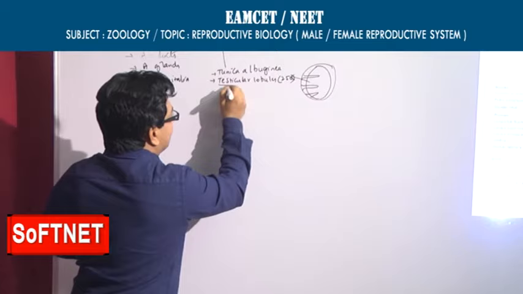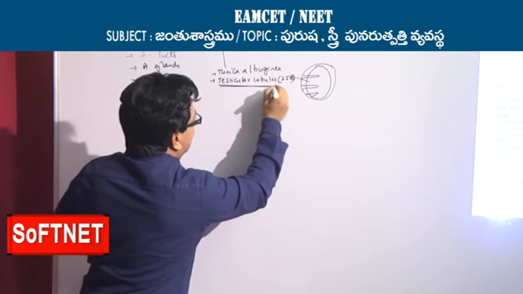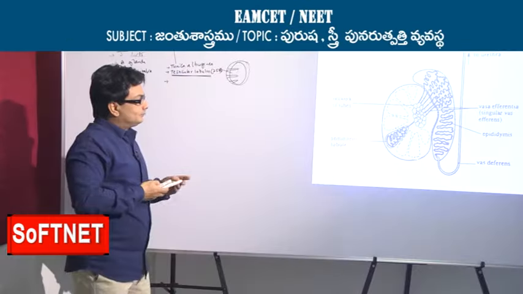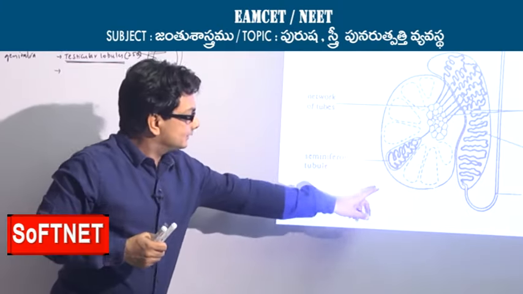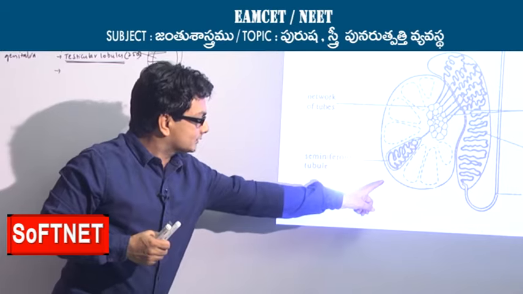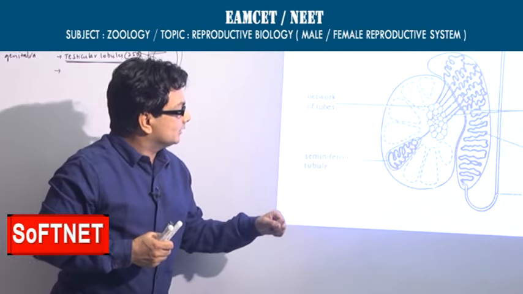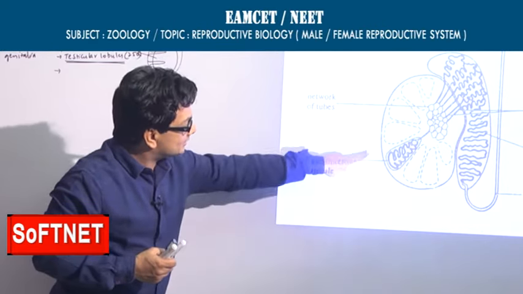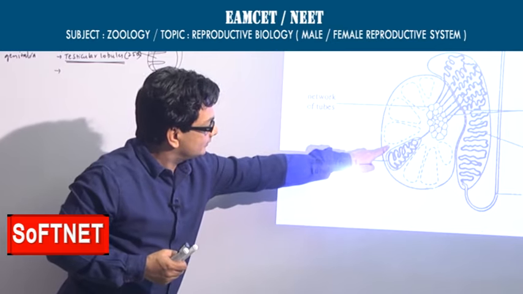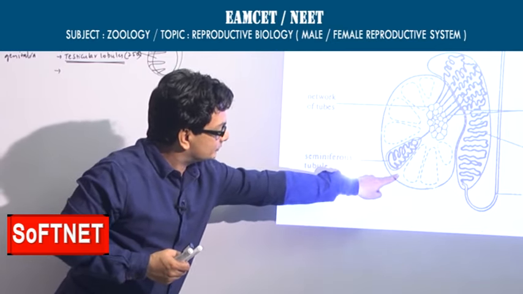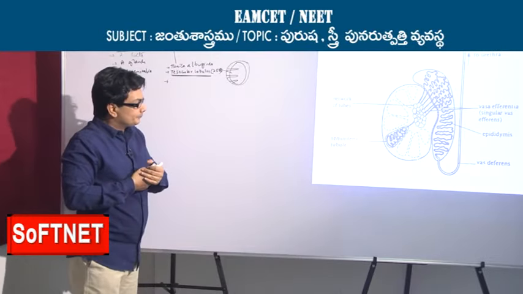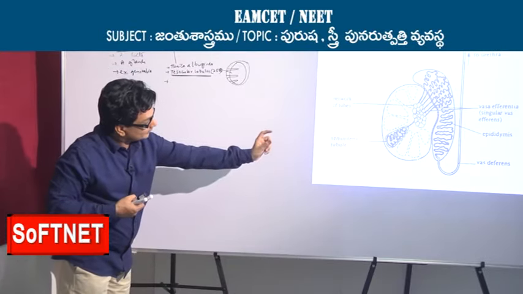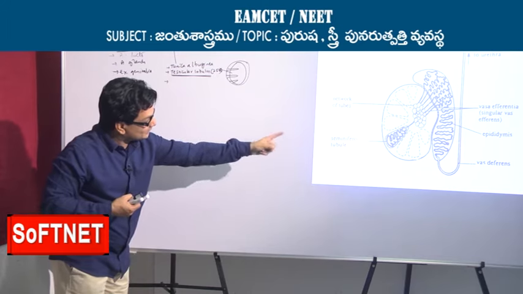Now let us study the testicular lobule. In this diagram you can easily evaluate it. See this, this is the one you have learned just now. The testis has the tunica albuginea. See these partitions here, which are nothing but extensions of the tunica albuginea, and we can see the lobules containing seminiferous tubules.